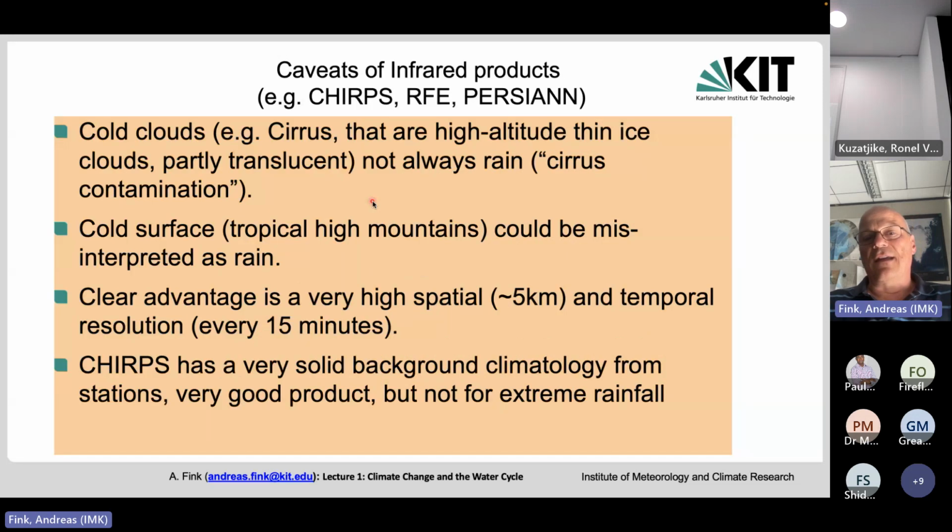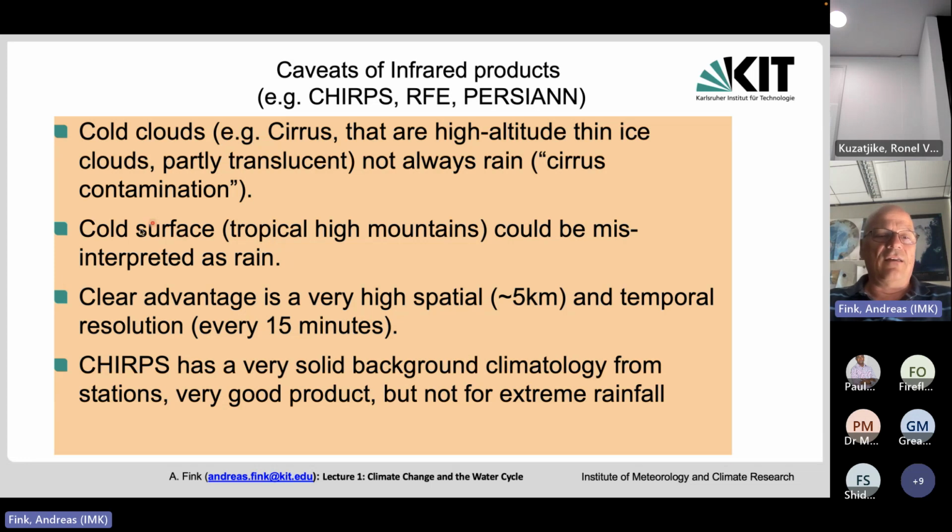There are infrared products. They are based on the geostationary satellites. They have a clear advantage because you have a time sampling of every 15 minutes. So with these GPM products, you saw the polar orbiters and you have a sampling problem. It's also a very high resolution here.